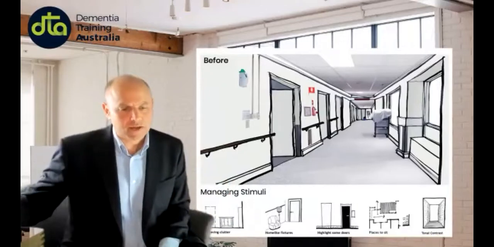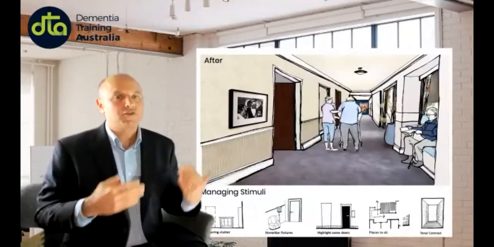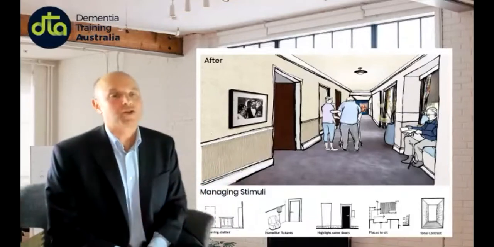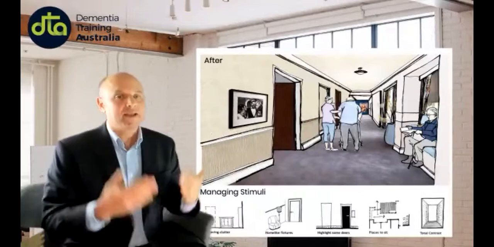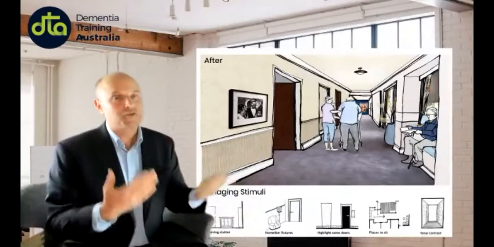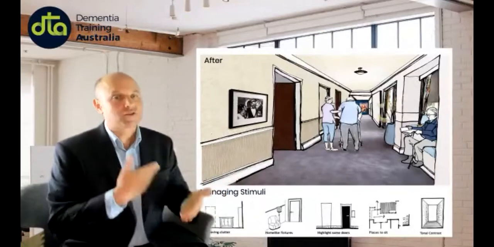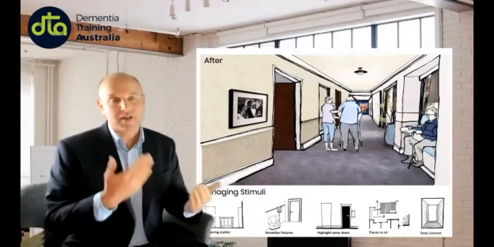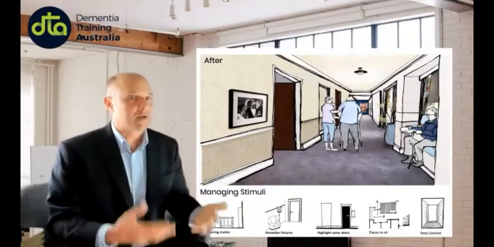So what we looked at here was, if we just make changes to the surfaces, so if we have a consistent floor finish that runs all the way through here, it's easier for somebody to find their way around. If it's one simple surface, people will see things on it. If there's a change of tone, people often are going to see something as a change of level or a hole or something I need to bend over and pick up.